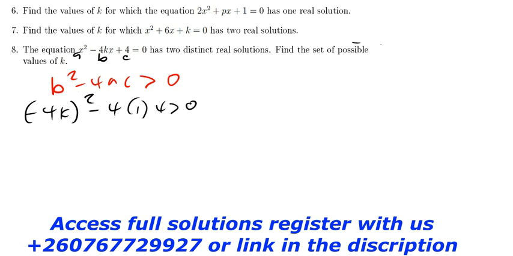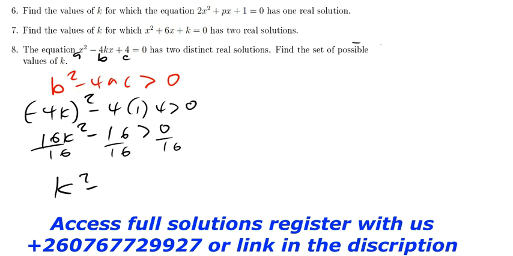So that is going to be k squared minus, 4 times 4 is 16, greater than 0. I can divide everywhere by 16, so that I have k squared minus 1 greater than 0.